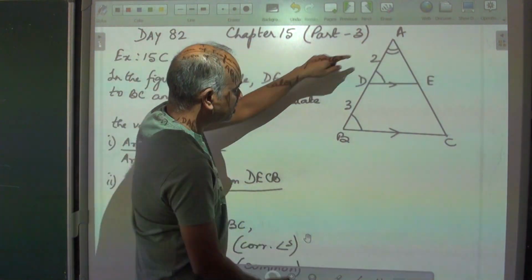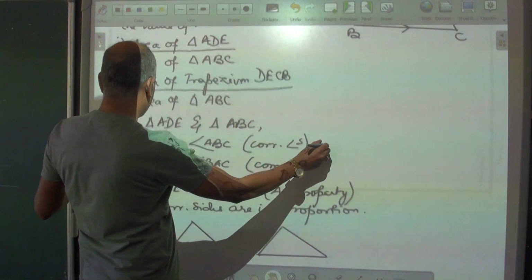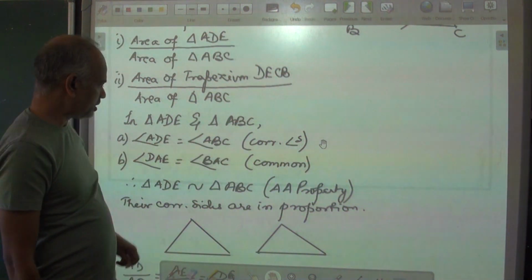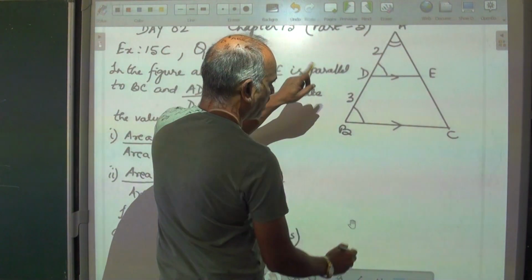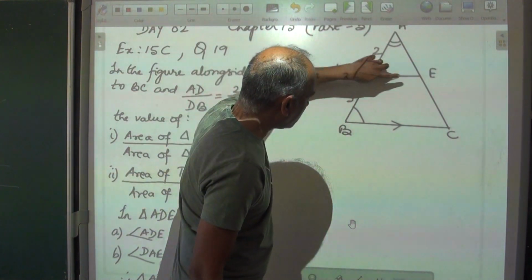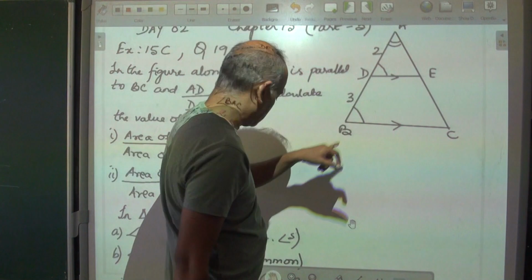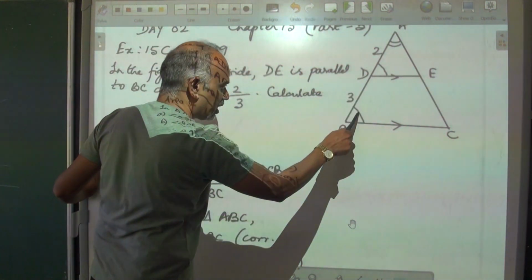The triangles are ADE and ABC. So in triangle ADE and triangle ABC, which are the angles which are equal? First one, angle ADE is equal to angle ABC. Why are these two equal?